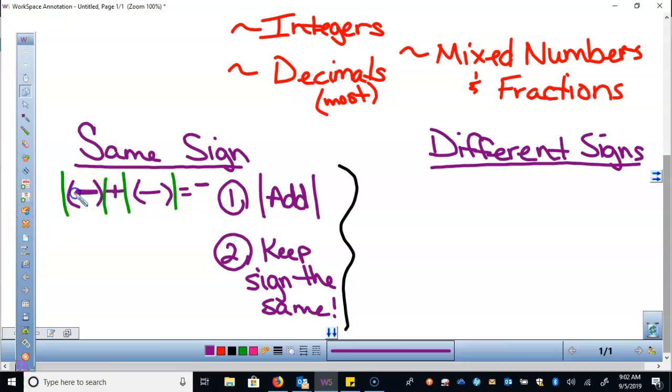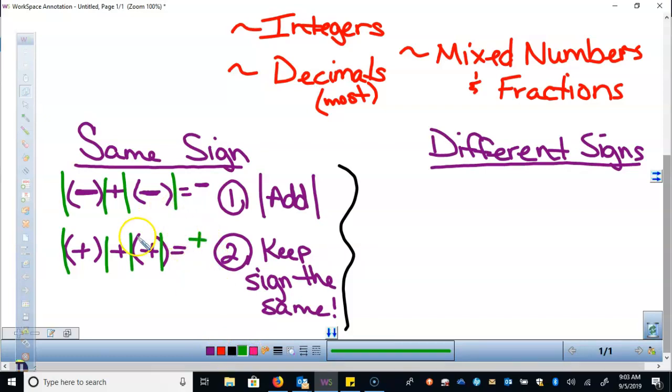If I'm in debt, I owe somebody money, and then I borrow more money, I still owe money, but I owe that much more. So the answer will always be a negative if I have two negative numbers being added together. Well, the same thing goes when we have two positives, as we have learned definitely by now. If I add two positives together, I just add those numbers because they're already in a positive absolute value form, and the answer would be a positive because we started with positive numbers.